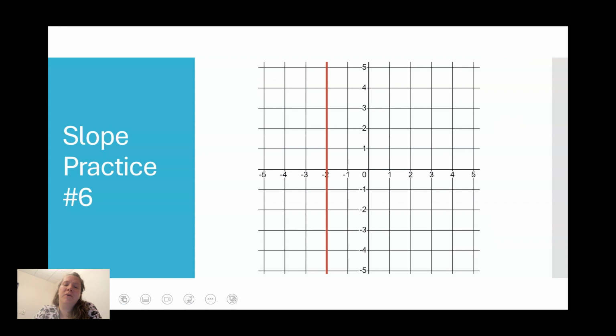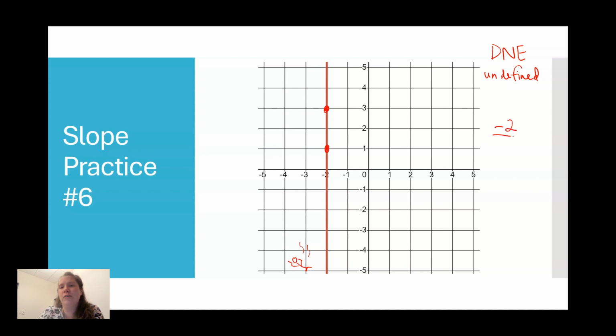Positive, negative, 0, or undefined. We're falling. This is undefined. We write this as D and E a lot. Does not exist. Or you can also write undefined. There is no other thing. No numbers involved here. Because we'll note if we took 2 points, we went down 2, and then we did not go left or right at all.